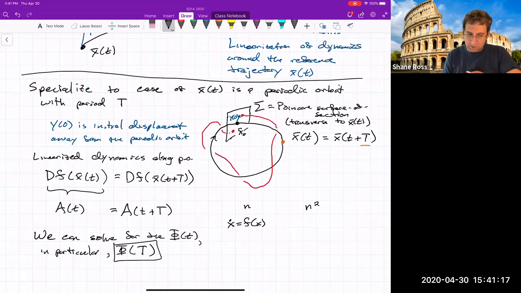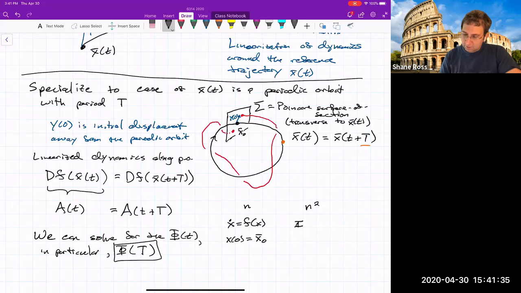So we solve the original equations of motion. We assume through some process we've identified an initial condition that's on the periodic orbit, this X bar 0.